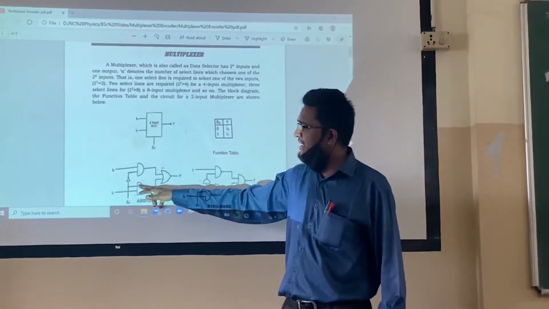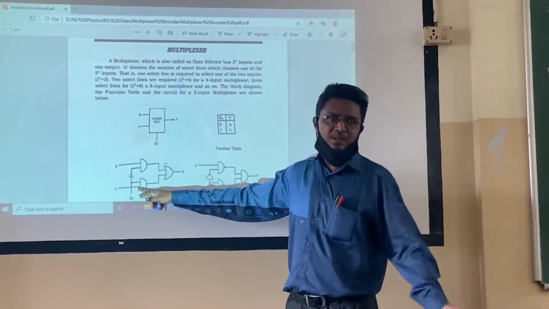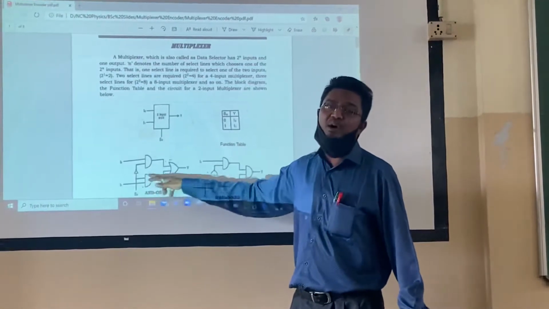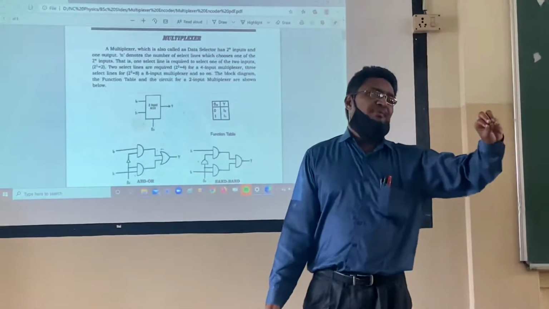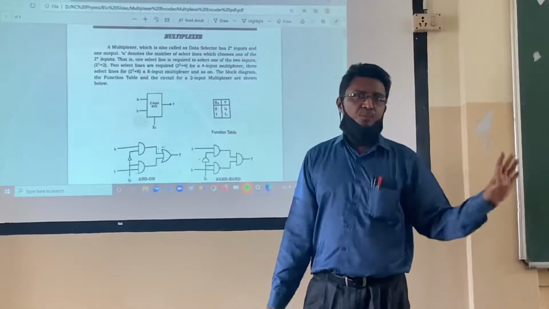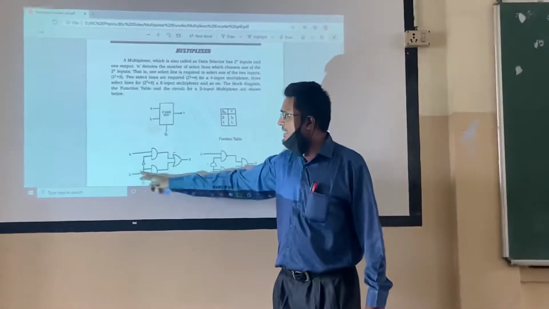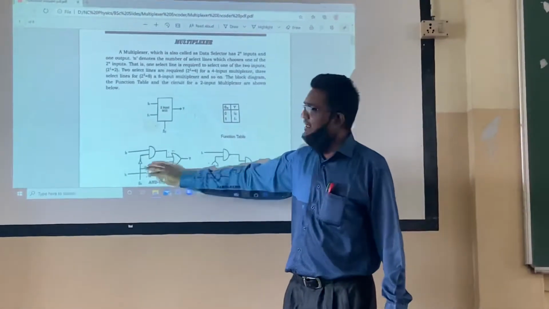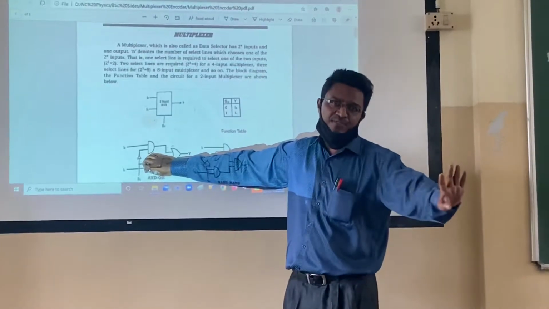The 0 goes here. Whatever the I1 may be, we do not bother because this AND gate will be off. One of the inputs is 0, the output of an AND gate is 0. If any one of the inputs is 0, output is 0. So, if I am giving 0 here, this AND gate will never work. It will be in off state.